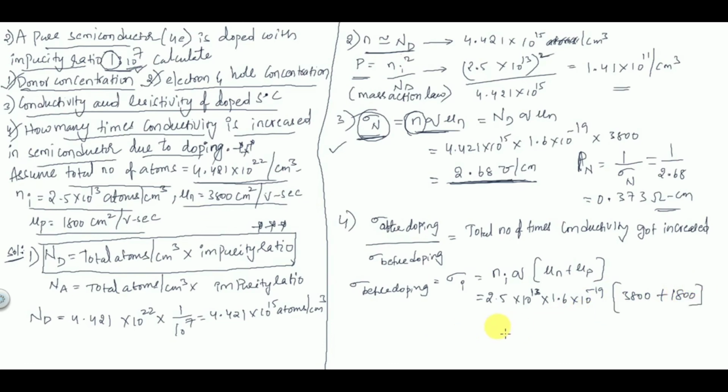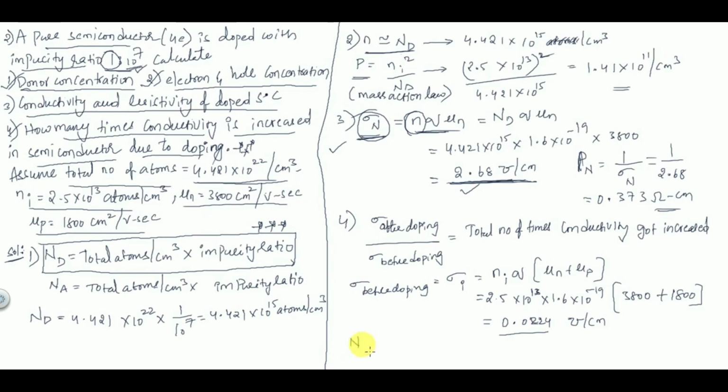So if you solve, you'll get around 0.0224 mho per centimeter. Okay, so now we have got the intrinsic conductivity and we have found the conductivity after doping.